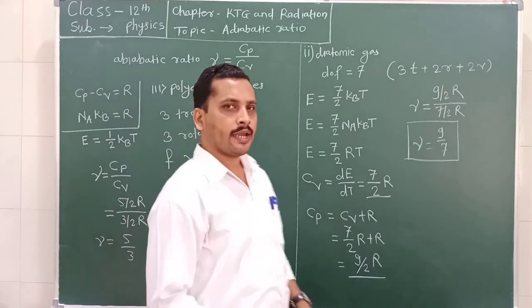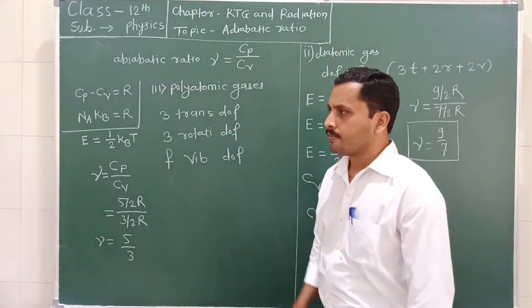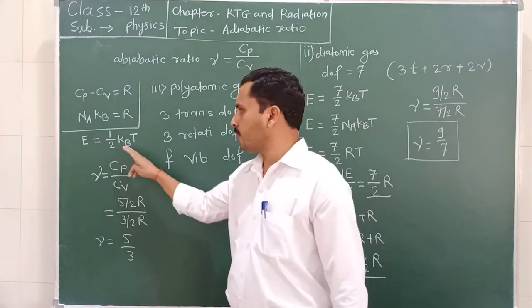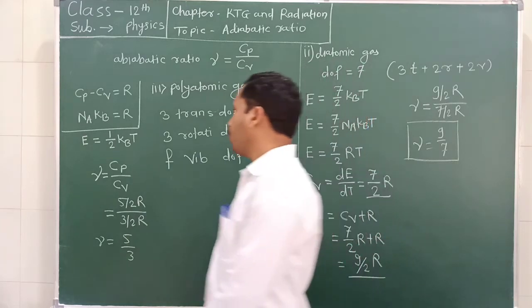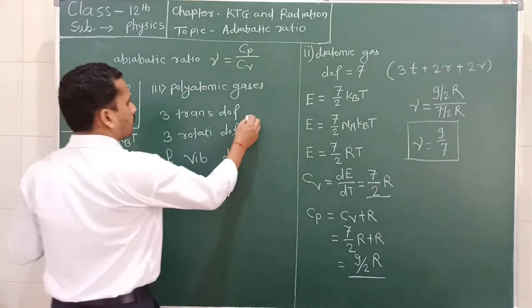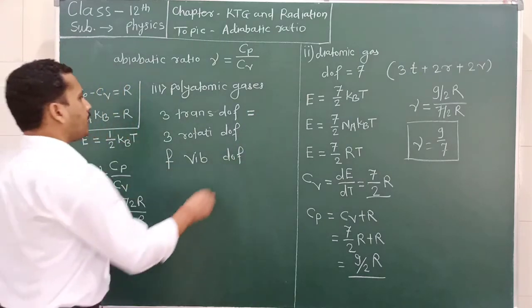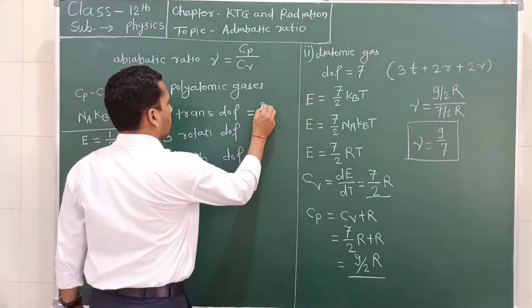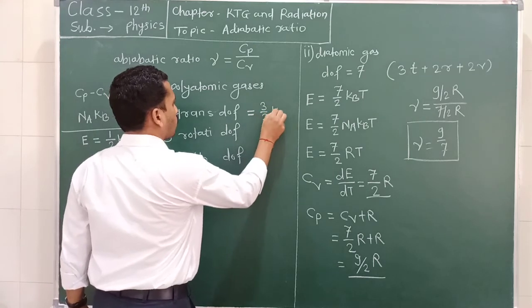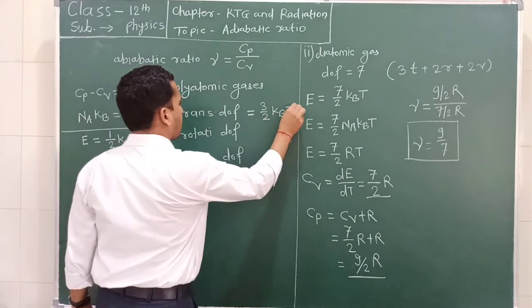So we know that for a single degree of freedom, the energy is equal to 1 by 2 kBT. Therefore, we can write here, in this case, the translational internal energy is equal to 3 by 2 kBT.